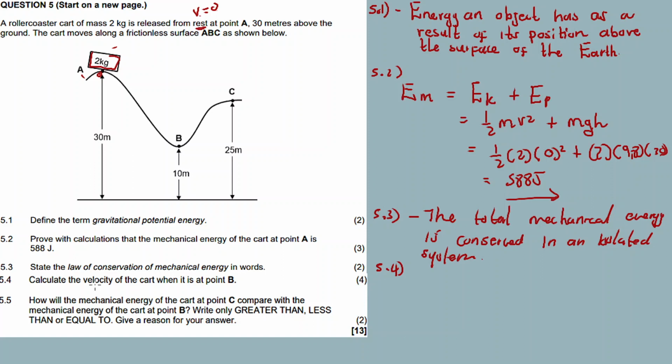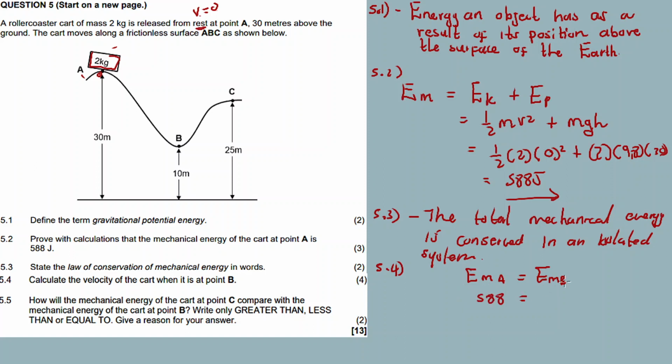Question 5.4: calculate the velocity of the cart when it is at point B. We use the conservation of mechanical energy to calculate the velocity at point B. EM at A is equal to EM at B. The mechanical energy at A is 588.